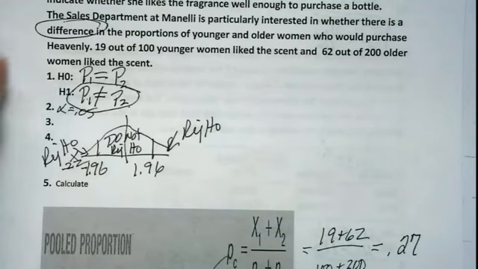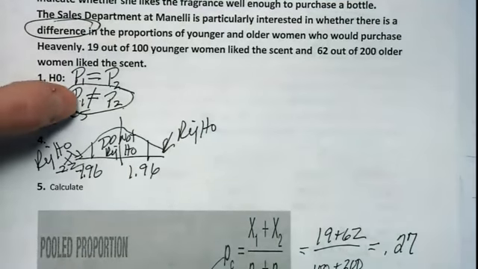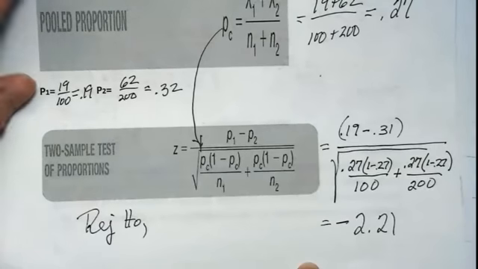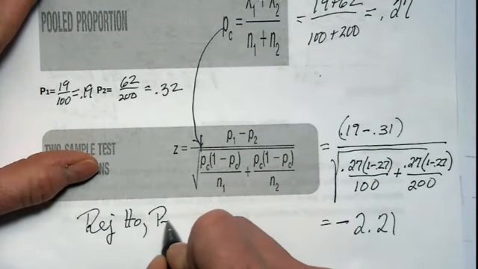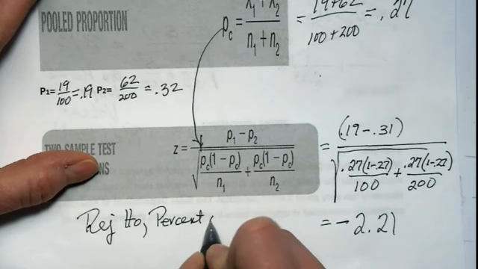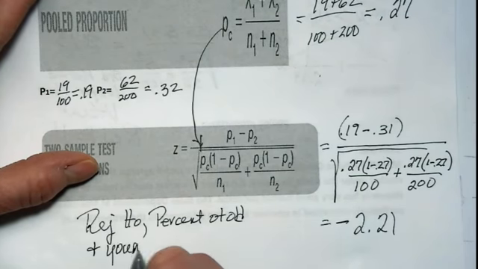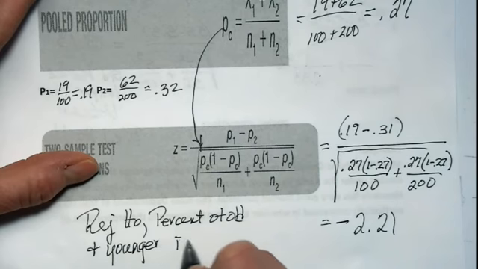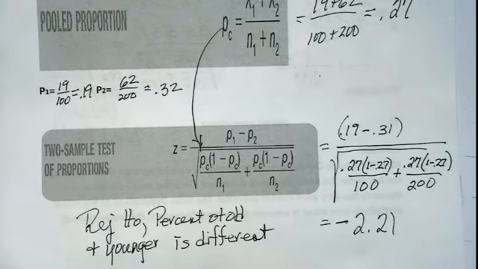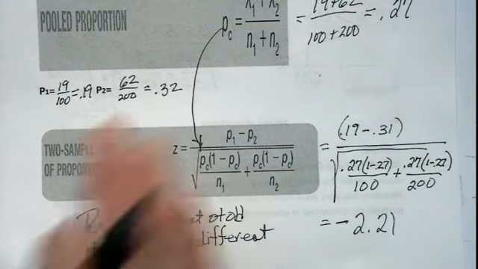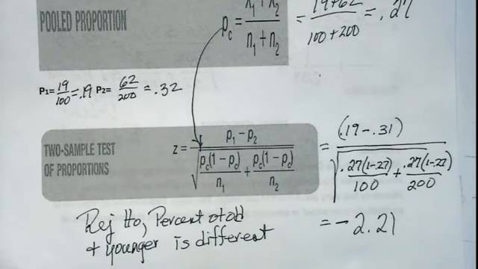The percent of old women and young women that like the scent is different. So what does that mean from a business standpoint? We would market it toward the 32% people. The older women seem to like this scent better.